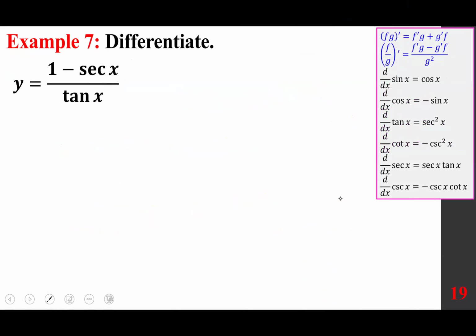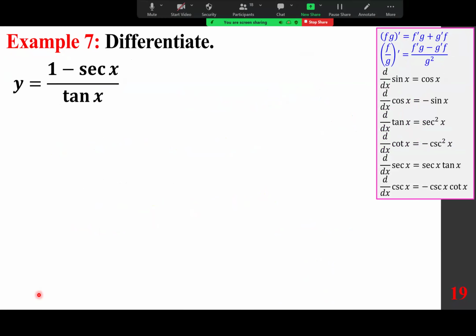Y equals 1 minus secant x over tan x, and we want to differentiate that. We notice we have to use the quotient rule. 1 minus secant x is f of x, tan x is g of x. So we are going to go with f prime: 1 gives you 0, minus secant gives you secant x tan x. So minus secant x tan x.